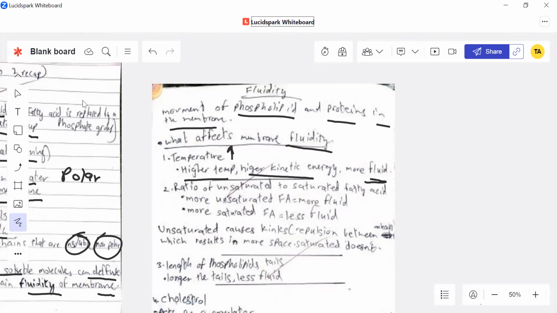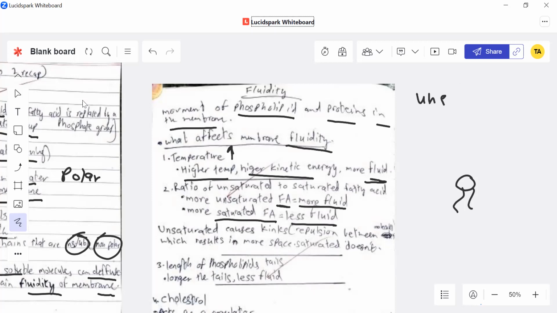Now, the next thing is the ratio of unsaturated to saturated fatty acids. Remember the tails are made up of fatty acids. If there are more unsaturated fatty acids in the tails, then there would be more fluidity. But if there are more saturated fatty acids, there would be less fluidity.